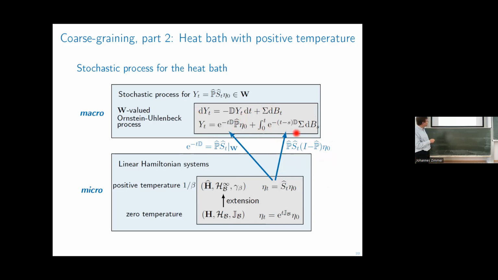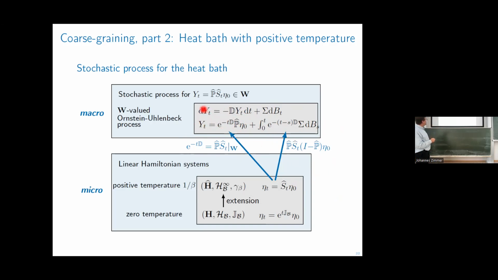So what is this? This is saying the projected process is evolving according to one deterministic evolution here, and then there's a stochastic process. So dB_s is a Brownian process with a certain sigma, and then there's a time integral as we saw before.